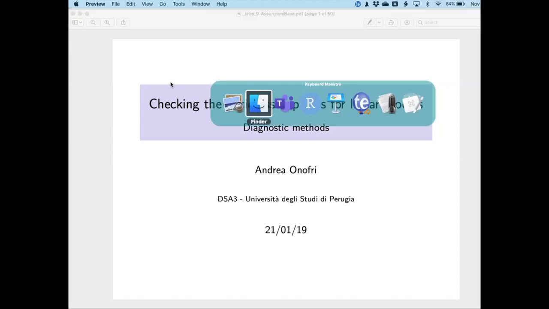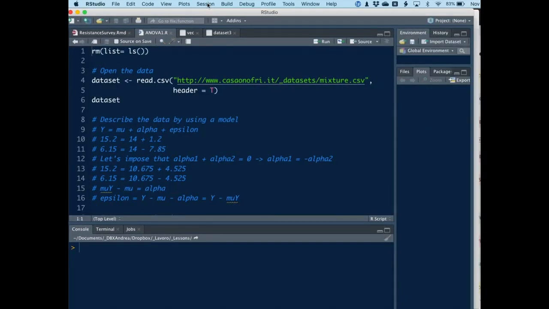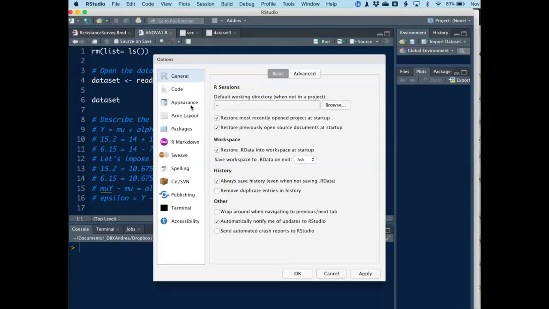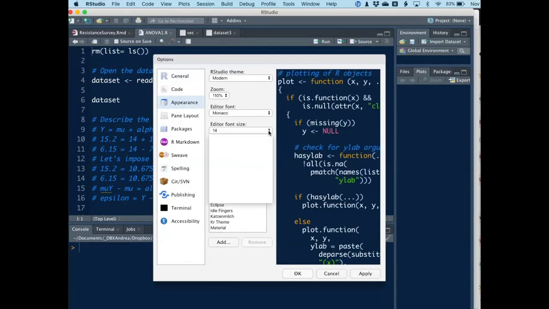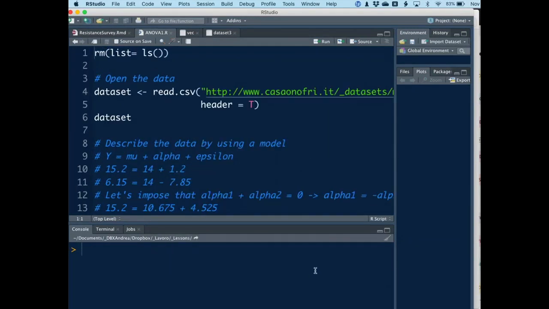So let's start R. I think it's better if I increase the font size. Let's do 18. That should be better. Is it better?